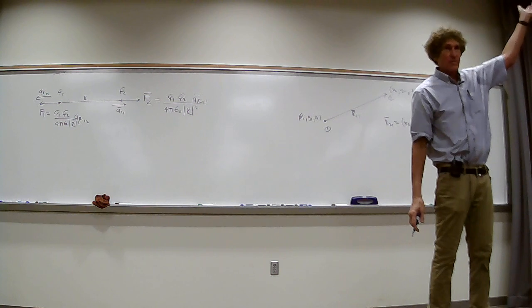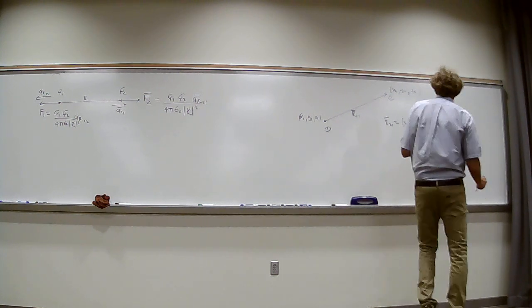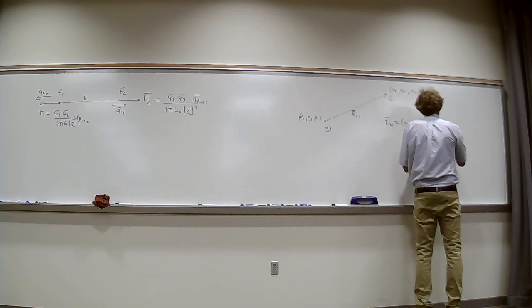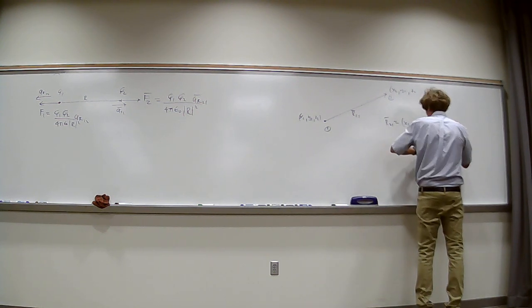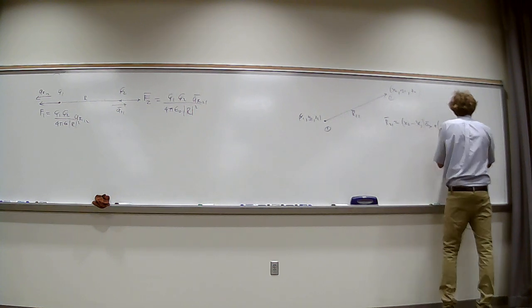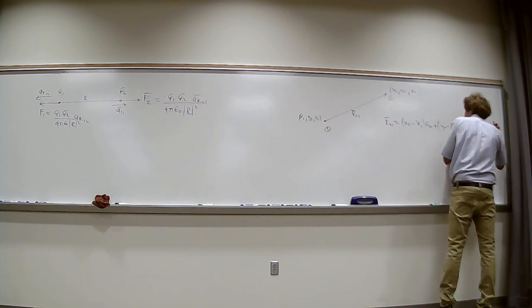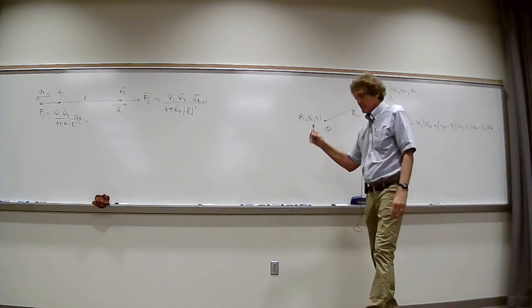How many heard of unit vectors? Everybody here should have. All right. Plus y2 minus y1, ay, plus z2 minus z1, az. Now, that is a vector from the first to the second point.